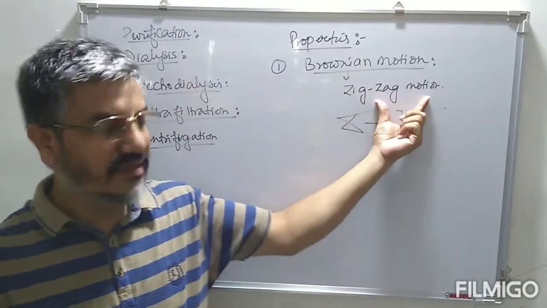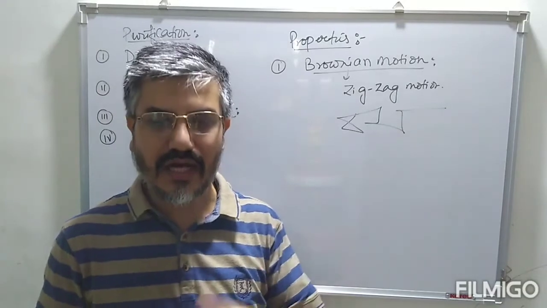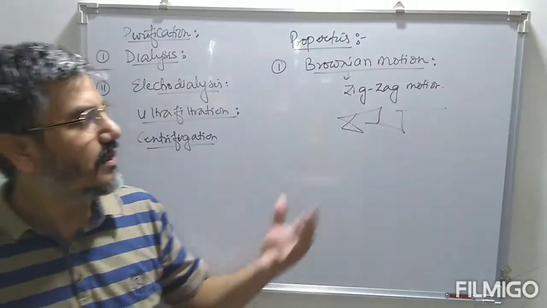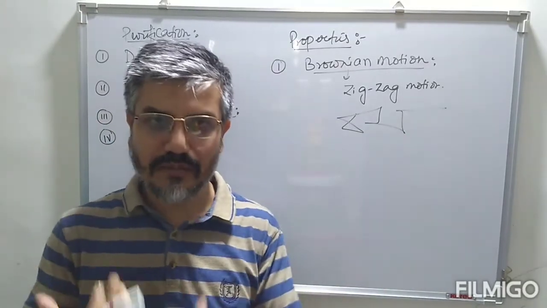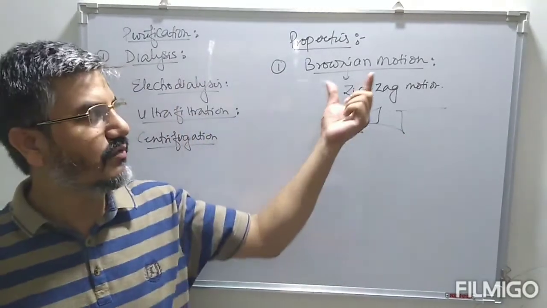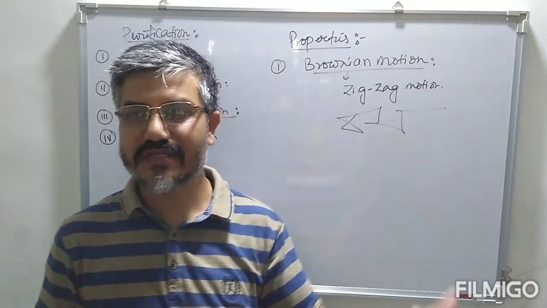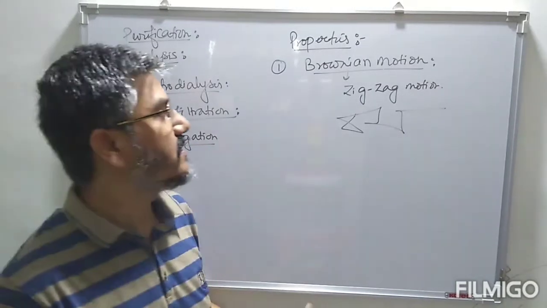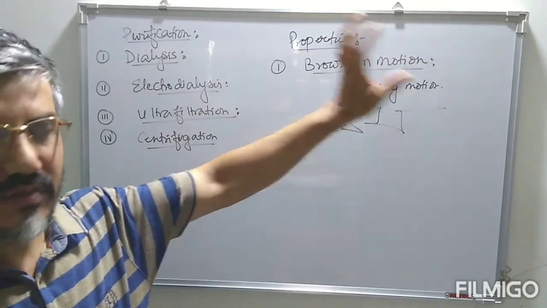This zigzag motion is due to unbalanced bombardment of the particles of colloidal solution by the particles of dispersion medium, which results in an irregular zigzag motion known as Brownian motion.